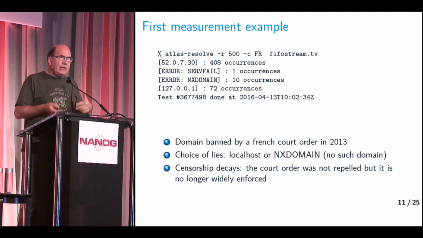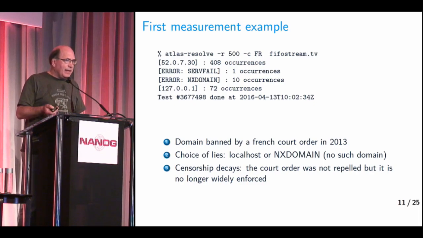Sometimes it's the opposite. Some people don't maintain their blacklist, and sometimes censorship stays forever, even if it has been repealed by another court order or something like that. So also you can see that it's far from 100% in that case, but it's always the case. Except if you are ready to take harsh measures, such as putting people in jail and things like that, DNS censorship is never perfect.